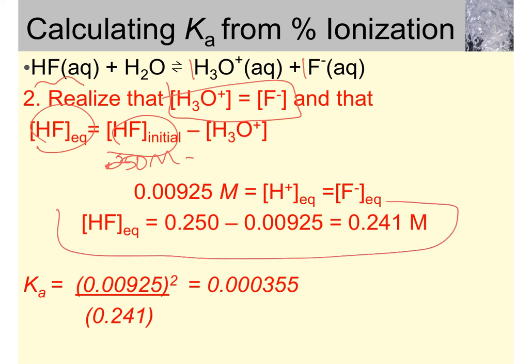So the equilibrium concentration of hydrogen fluoride, we can find that, and therefore now we can plug everything we have into the expression for the equilibrium constant. And there we have it.